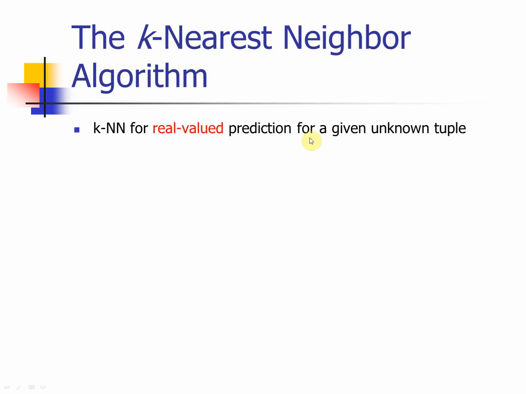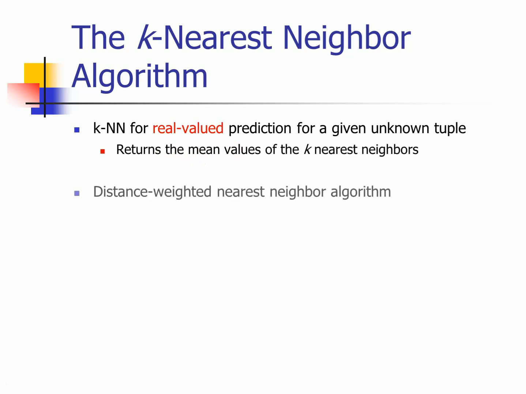How do we predict a real value for the testing data? We can find all the neighbors and then use the average value to represent the testing data that we are interested in, and therefore k-nearest neighbor can be modified into predicting a real value.